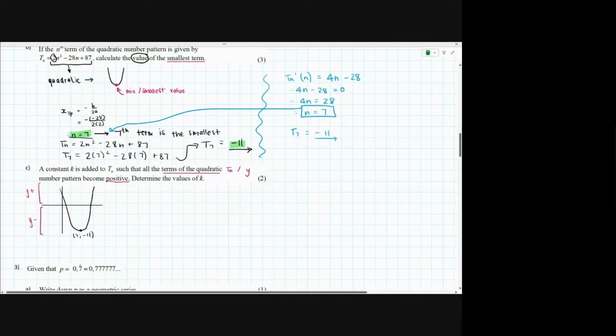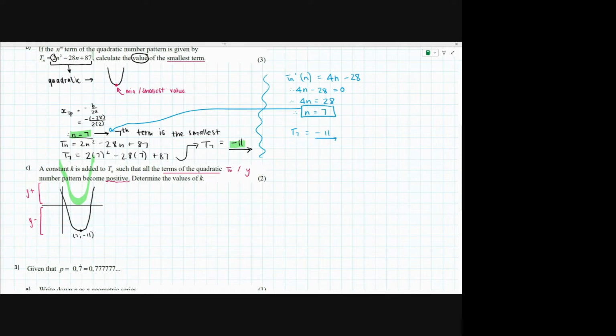So essentially what I'm needing to do is take this parabola that we have just got, and move it upwards so that all of the graph sits above the x-axis. So I need to take my graph from where it originally is, and move it up so that all of my graph sits above the x-axis where y is positive.